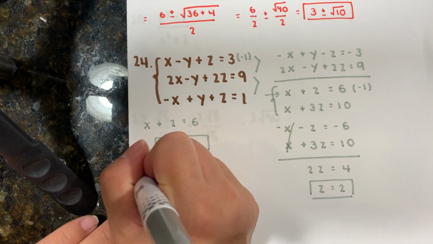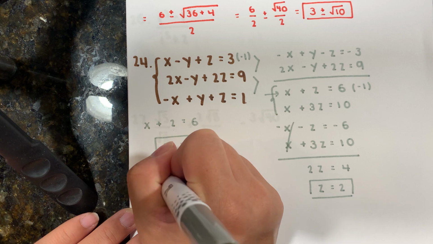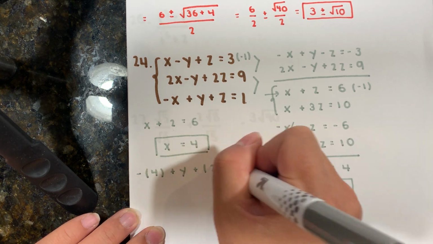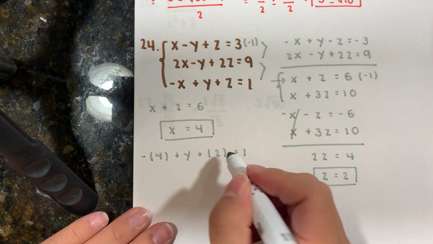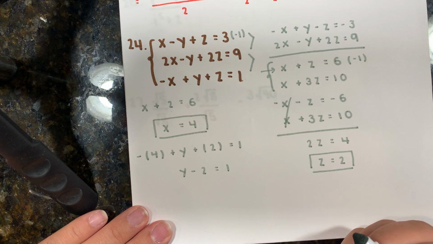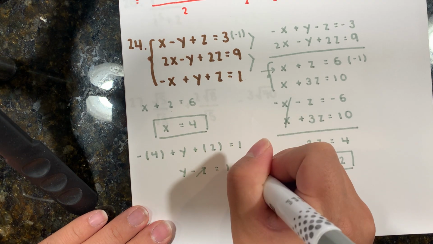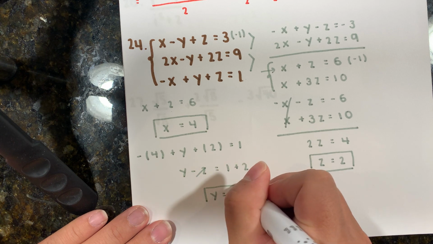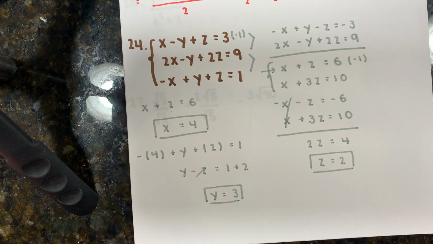So it would be -4 plus y plus 2 equals 1. -4 plus 2 would be y minus 2 equals 1. Move the 2, gives me y is equal to 3. So I have x is equal to 4, y is equal to 3, and then z is equal to 2.